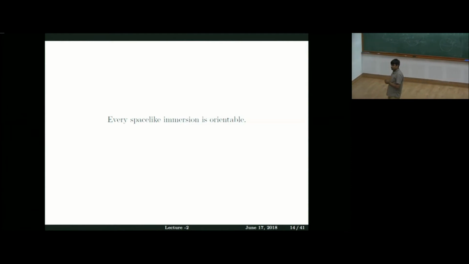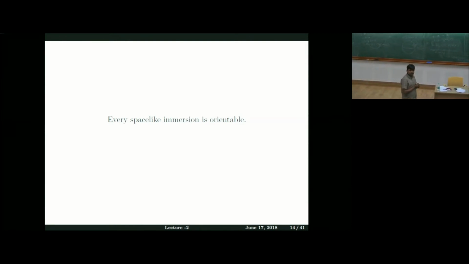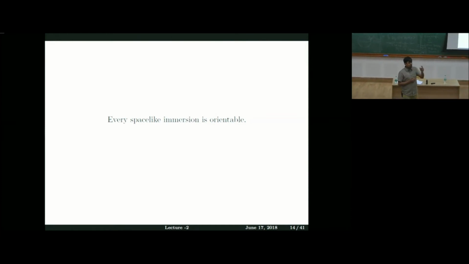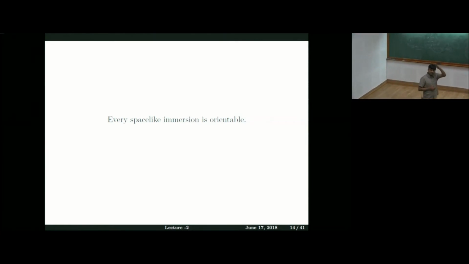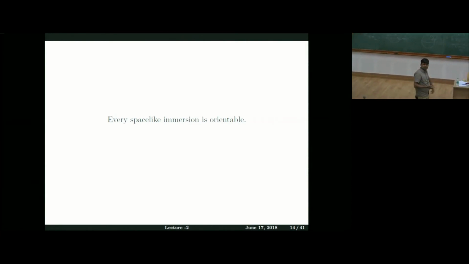Timelike vectors are never zero. So you just fix a convention for which one you will take, because you are dealing with a connected surface. If you take the unit normal, there are two choices, n and minus n. Fix one, because the surface is connected, and that makes it orientable. The picture is clear now: it is space-like, so the normal is timelike. The normal is never zero, so you have to fix one.